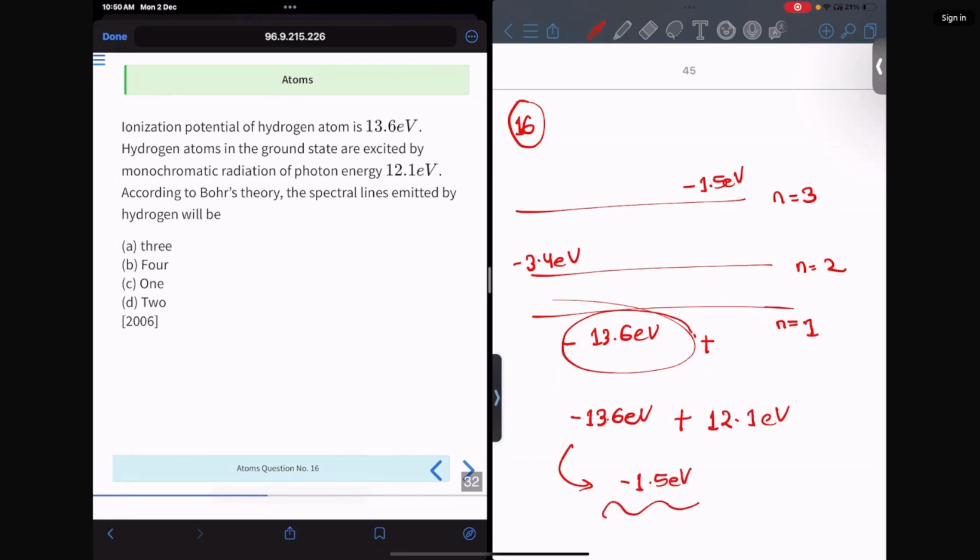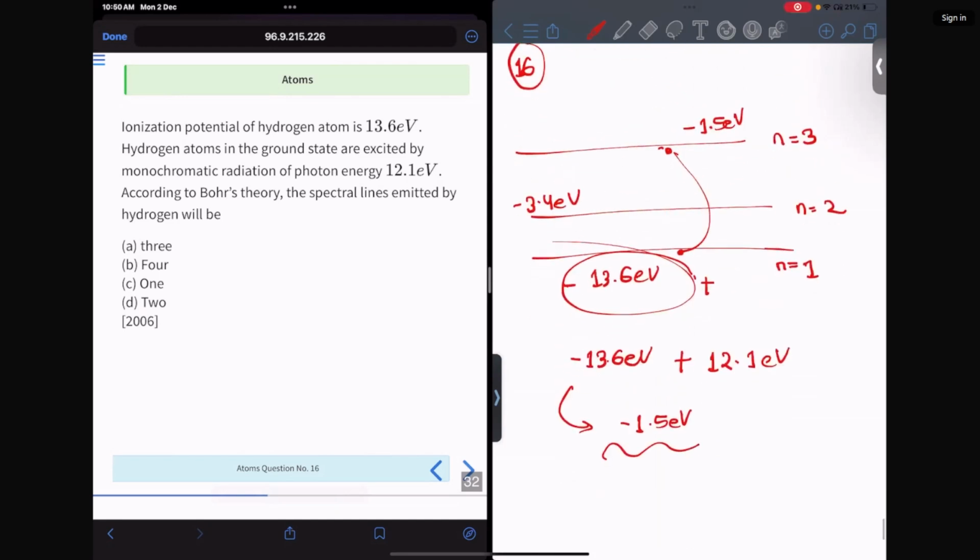So they're saying the electron will move from 1 to the third orbit. Did you understand? First I wrote the total energy of each orbit. Okay. Then they are saying in the question that it was in the ground state initially, and then when you gave an energy of 12.1 electron volt, what will happen? The electron will move from 1 to 3.